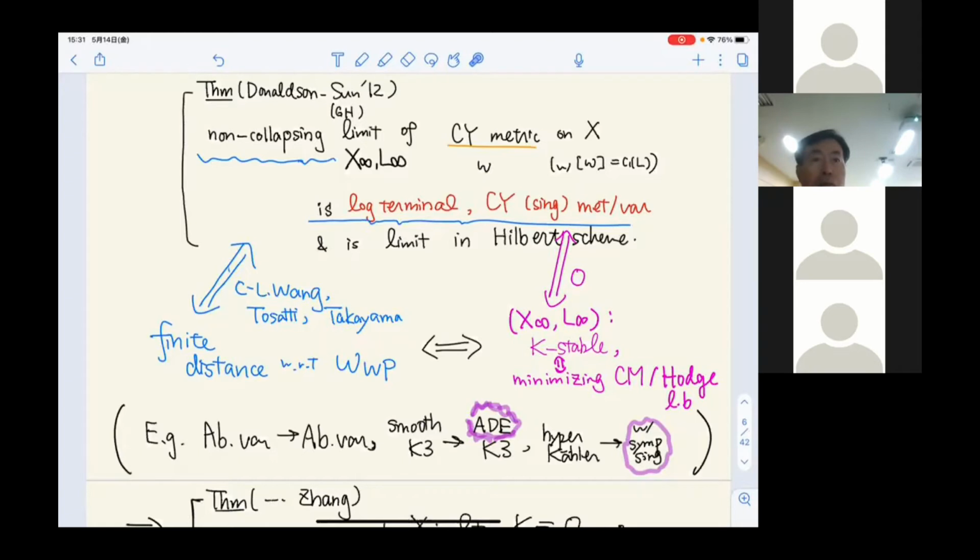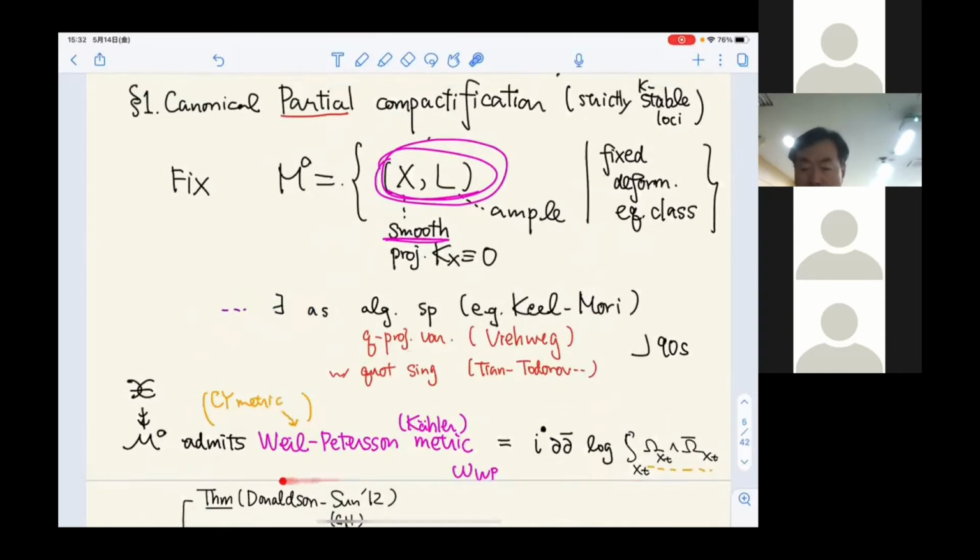Sometimes it remains inside a finite distance, in the same ball. So this equivalence says that this non-collapsing occurs if and only if the sequence or the punctured family remains within this finite distance. So this P refers to the Weil-Petersson metric I wrote before. So some metric on the moduli. Okay.